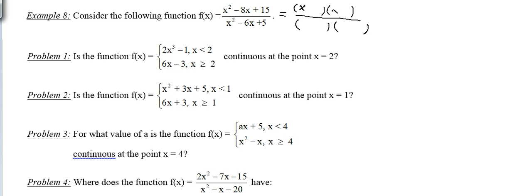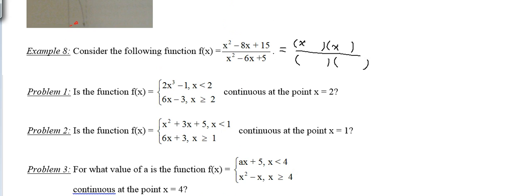The numerator is (x minus 3)(x minus 5), because minus 5x and minus 3x gives minus 8x in the middle. The denominator is (x minus 1)(x minus 5), because minus 1x and minus 5x gives minus 6x. We simplify this fraction to get x minus 3 over x minus 1.